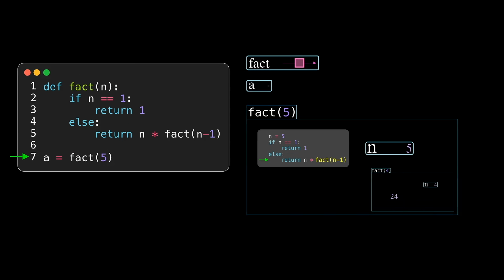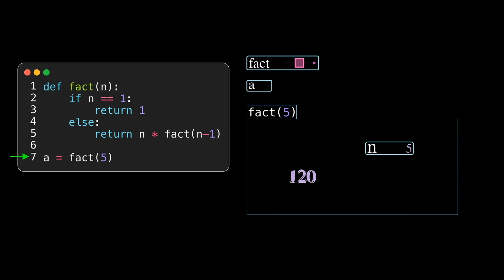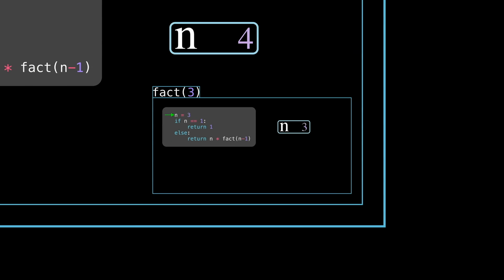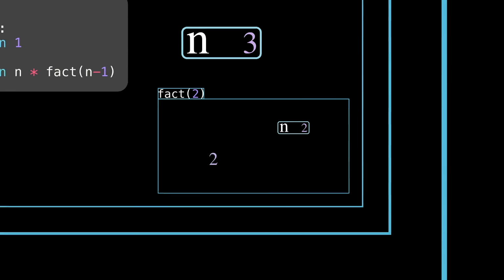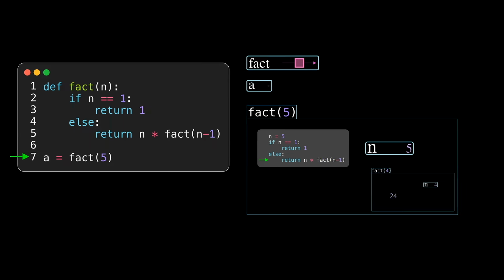Finally, we got back to the original function frame, which returns 5 times 24, 120. That was a lot to digest. But if we were to reflect on what just happened, it's kind of like we were peeling an onion layer by layer until we arrive at a base case, and then its return value gradually passes all the way back up.